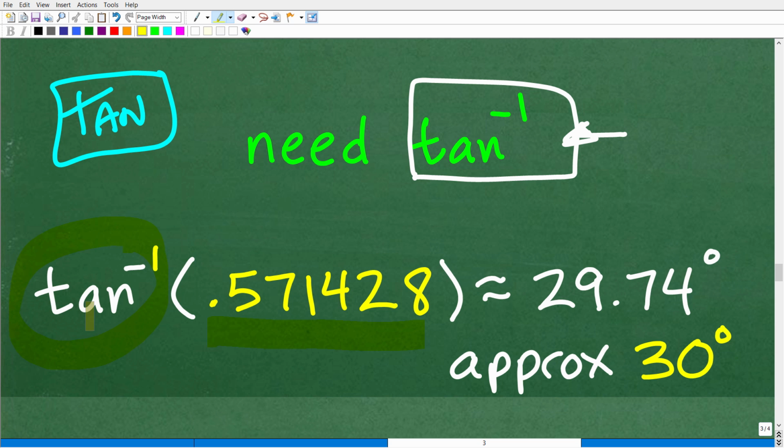Well, if you go tangent -1 and you plug that in, it's going to give you the answer. I'm going to round off again here, and that's approximately 29.74 degrees, so I just round up to approximately 30 degrees. So that is how you use a tangent and arc tangent.